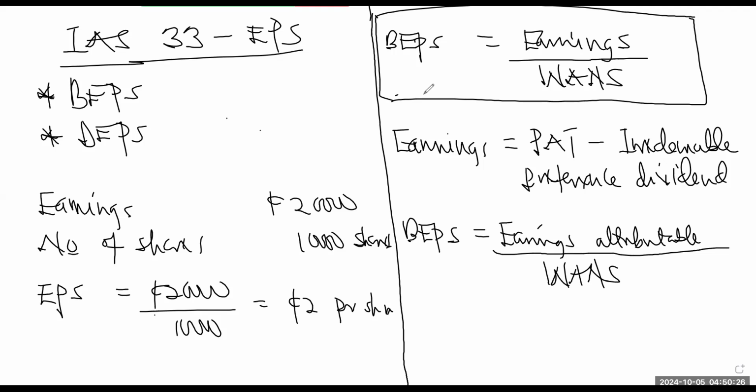Why are we calling it the weighted average number of shares? The earnings per share is calculated in the highest denomination of the country's currency. What do I mean by that? If you are getting 2 cedis, maintain the 2 cedis.